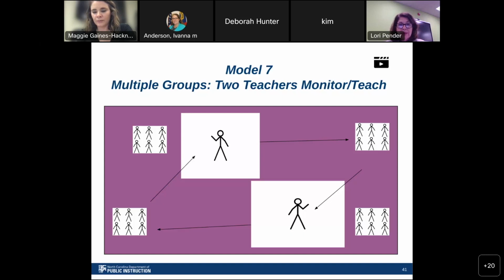And I think one of the benefits too of this, and I apologize if you've already mentioned it, is once a teacher is working with a group, they can move over and do some independent practice and then go to a teacher for more support and then move over to independent practice and just those much smaller groups. But this is just another model. So it's another option. And we have 7 to choose from.